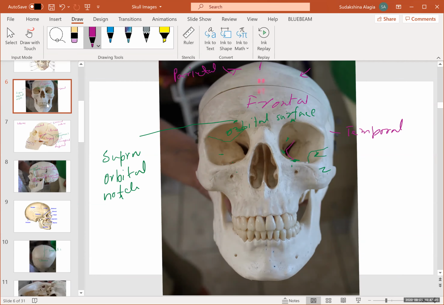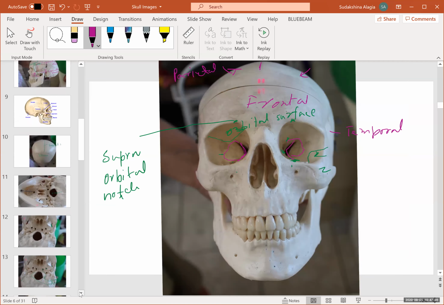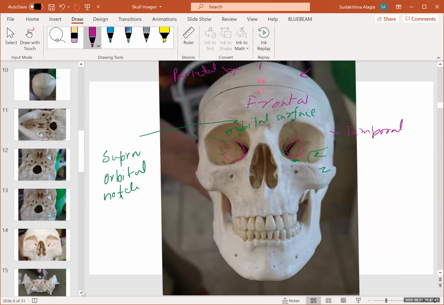It's more like this. Okay, so this is what we are studying, the sphenoid bone. Just to give you a reference, the sphenoid and ethmoid are deep within the cranium.